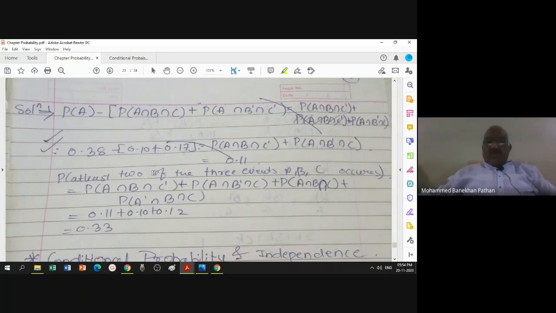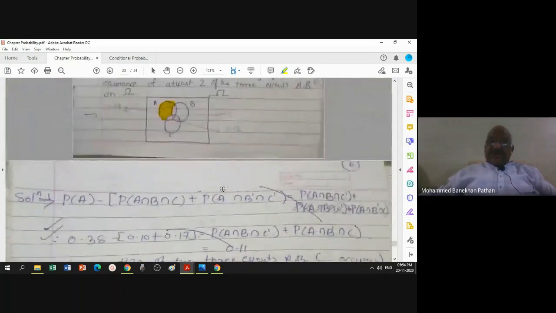So 2 or more. So this is the addition of 4 calculations. Now I write 0.11, 0.10 and 0.12. The answer is 0.33.